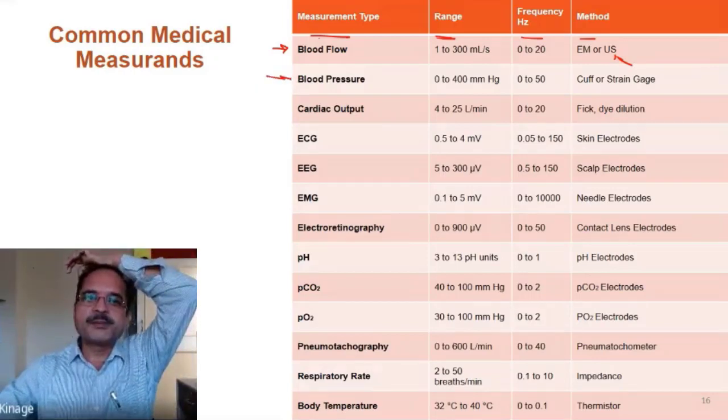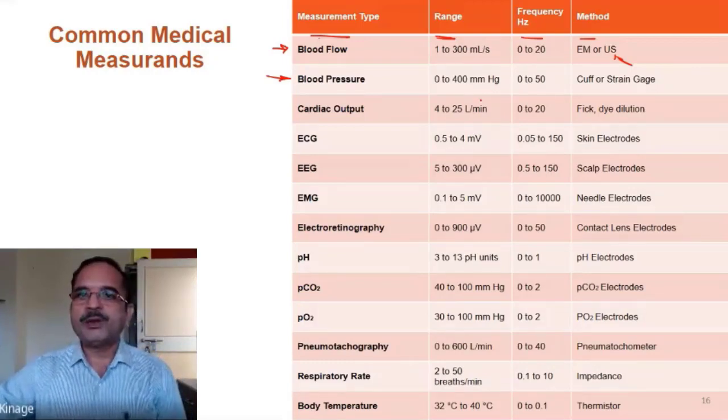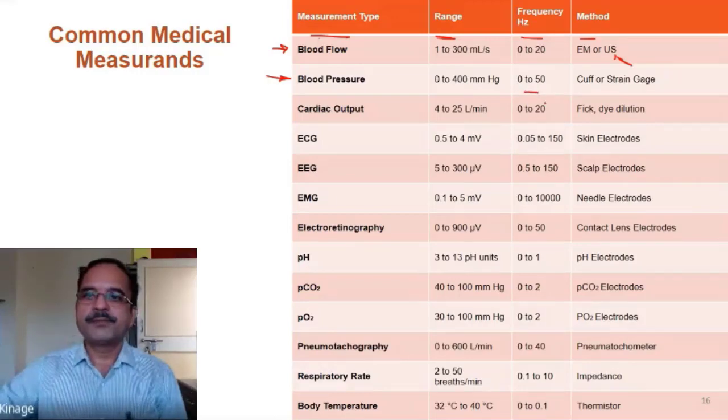Blood pressure, 0 to 400 mm of mercury. Frequency 0 to 50. Okay, and for the measurement technique, we can use a strain gauge. Cardiac output, all these are mechanical signals that we have seen.